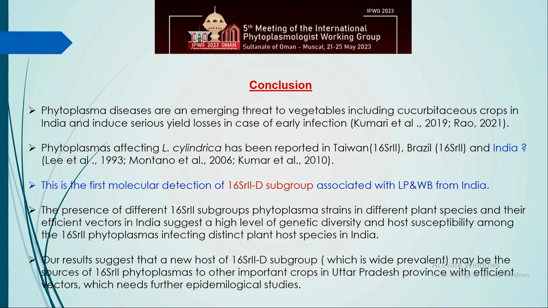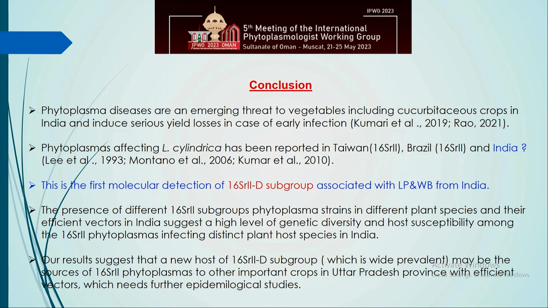So, as a conclusion, I can say that phytoplasma diseases are very much emerging in different types of vegetables in India, including cucurbits. In this space, earlier there were two reports of the 16SrVIII group, not 16SrVIII, the second group, from Taiwan and Brazil on the same species of loofah.